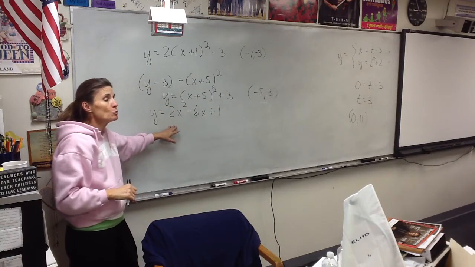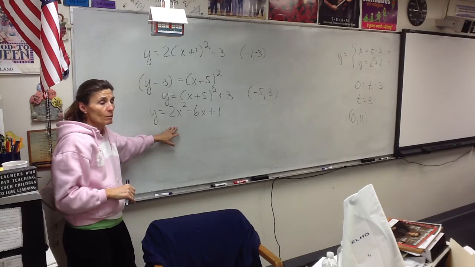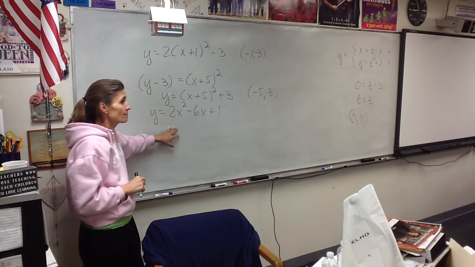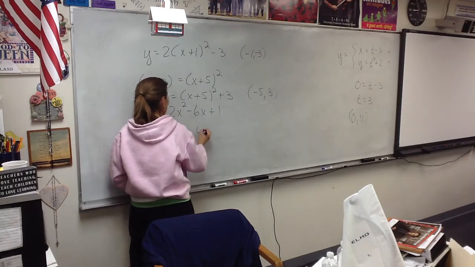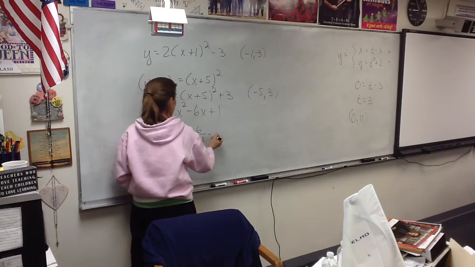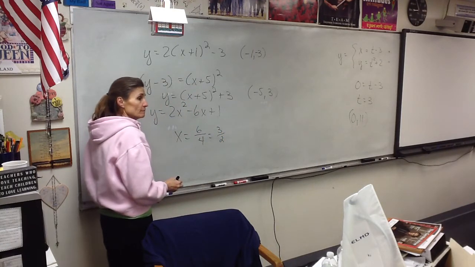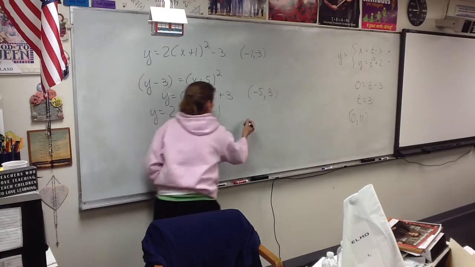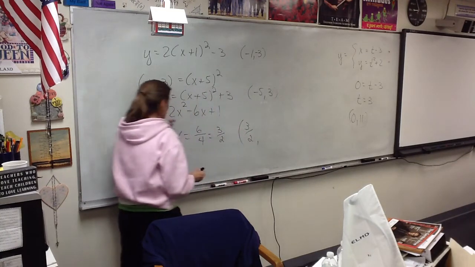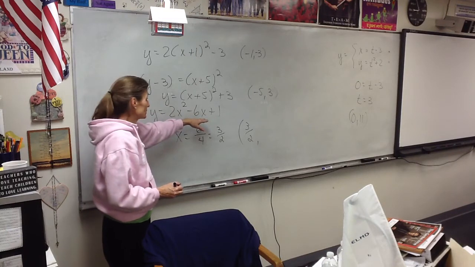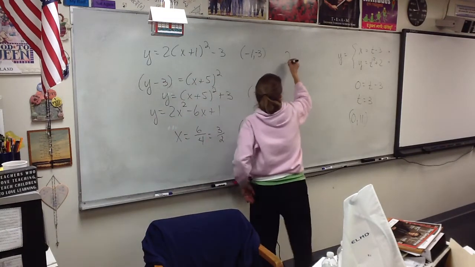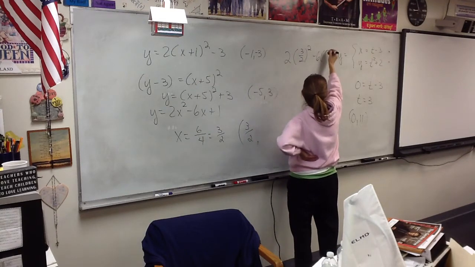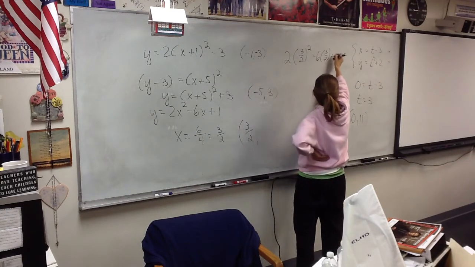This one isn't even close to vertex form, but we talked about it before. To find the vertex, one option we have is -b over 2a, which would be 3/2. Right? And then we're going to plug 3/2 into our equation. So we will have 2 times 3/2 squared minus 6 times 3/2 plus 1.